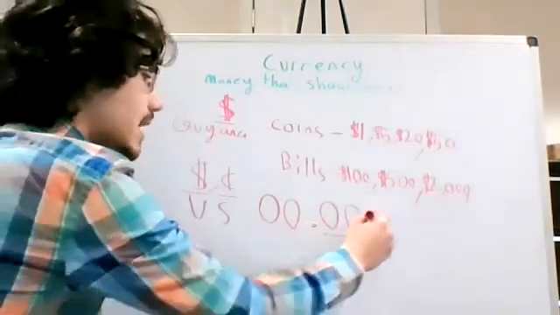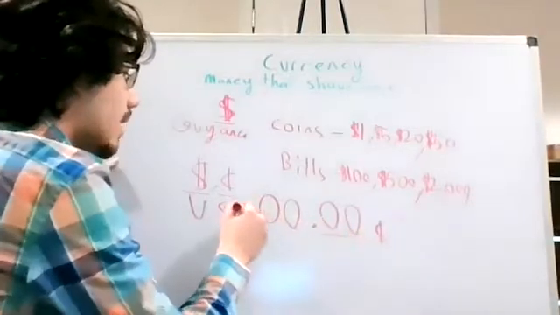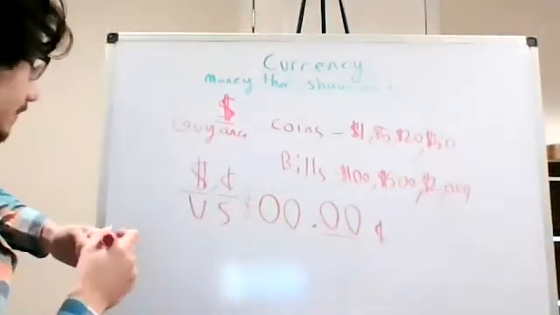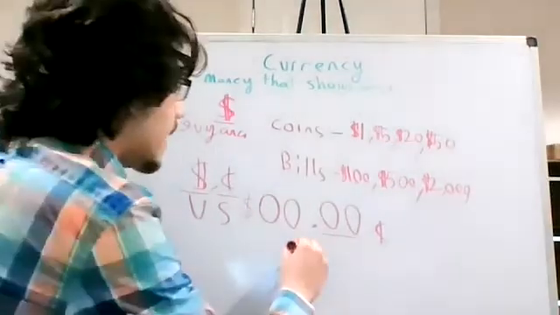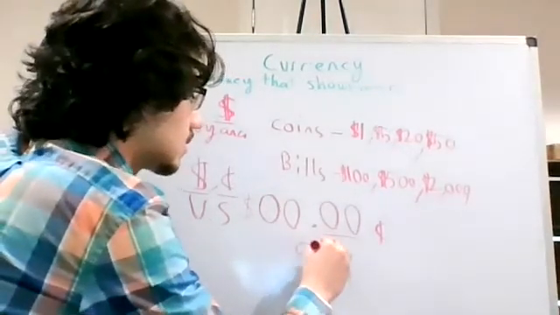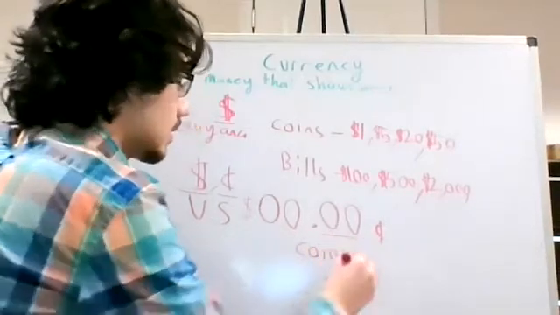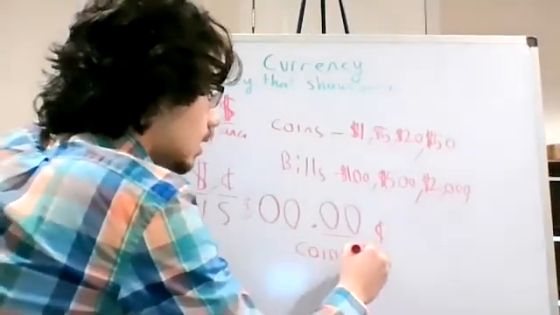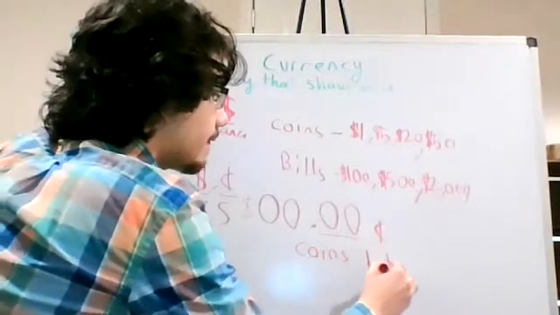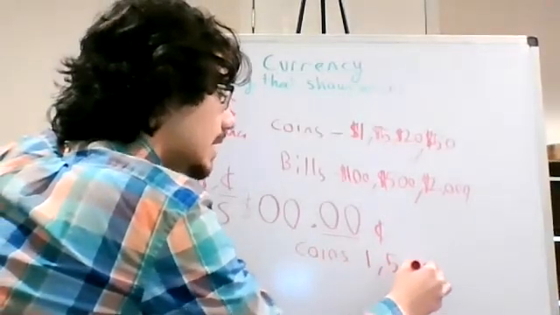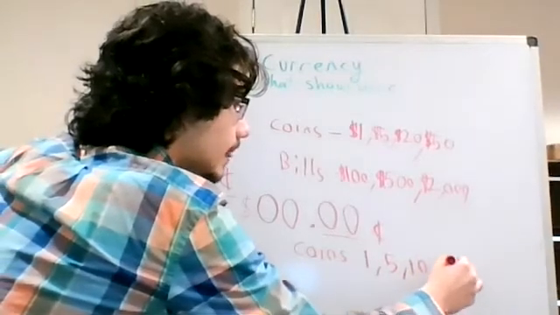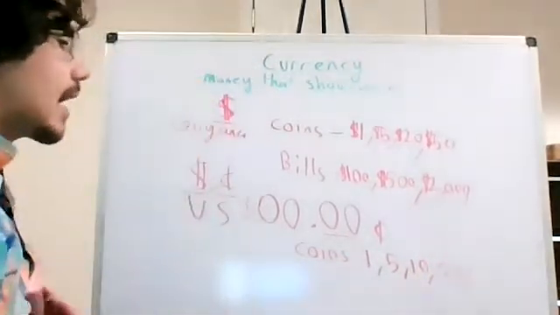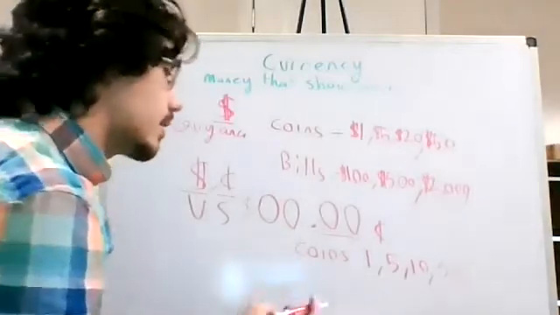So this would be cents. And then we have regular dollars. So for cents, we have coins being 1 cent, which is a penny, 5 cents, which is a nickel, 10 cents, which is a dime, and 25 cents, which is a quarter. They have half dollars technically, but they're not really used.